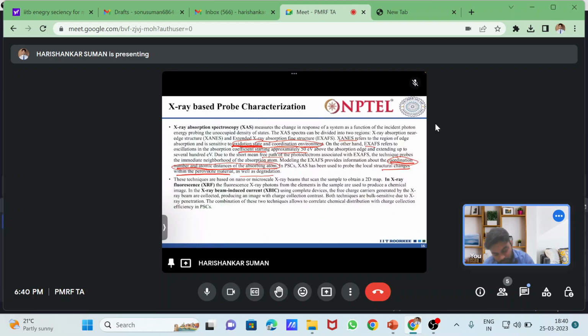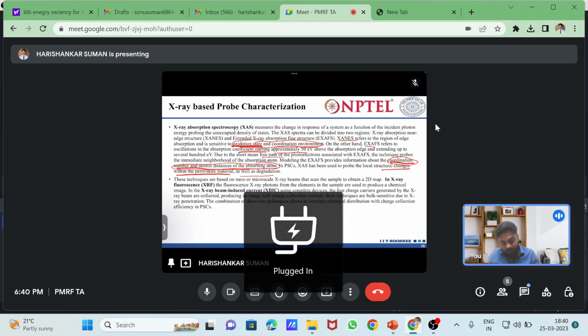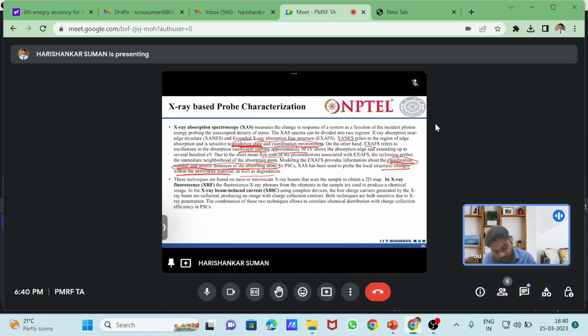And similarly, XRF, X-ray fluorescence. These techniques are based on a nano or micro X-ray beam that can be scanned over the sample to obtain a 2D map.